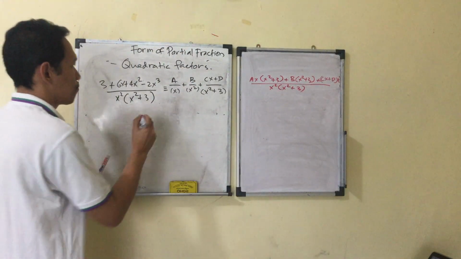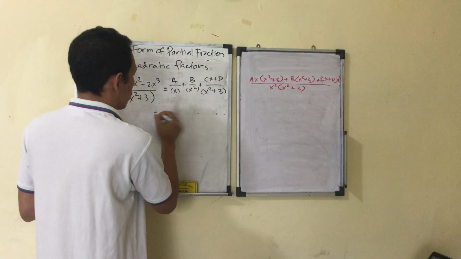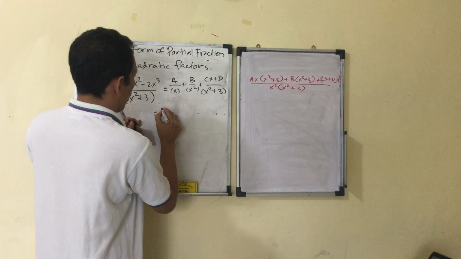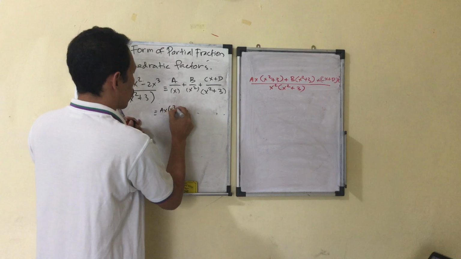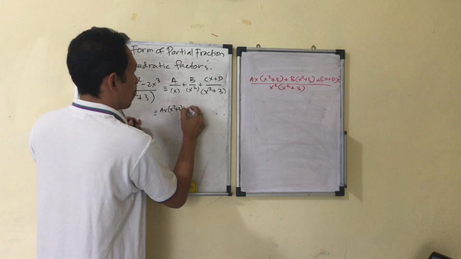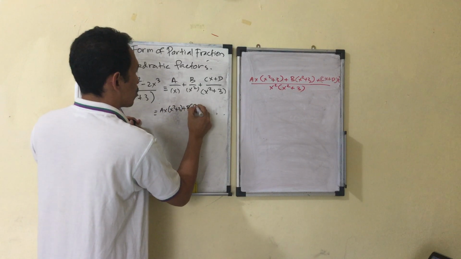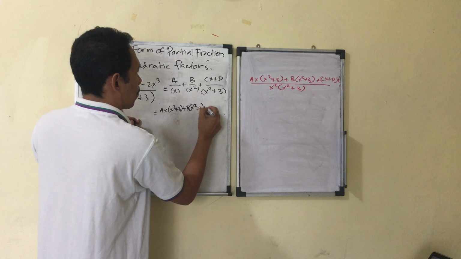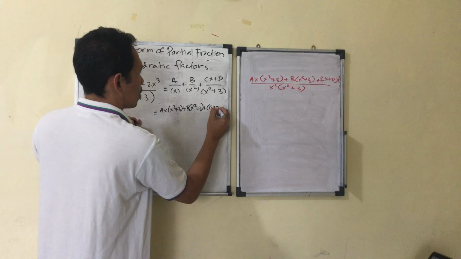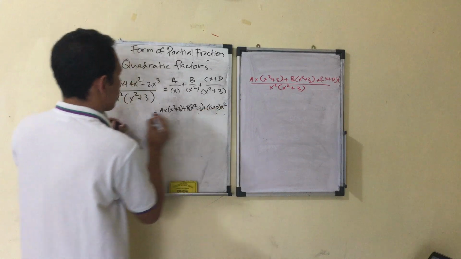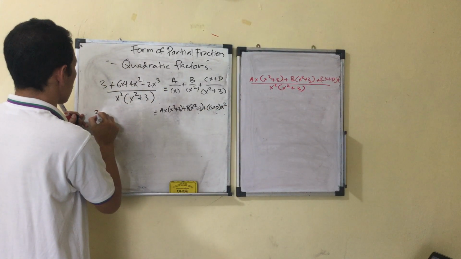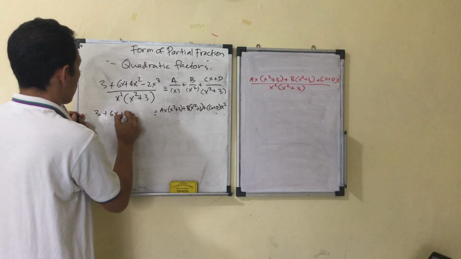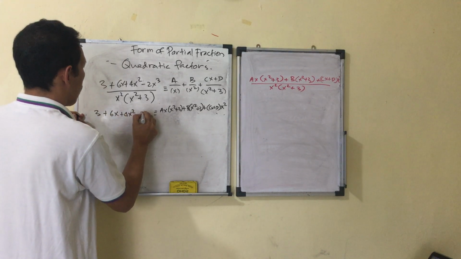So you have it equivalent to A x times x squared plus 3, plus B times x squared plus 3, plus Cx plus D times x squared, right? So this top form here will just maintain 3 plus 6x plus 4x squared minus 2x.